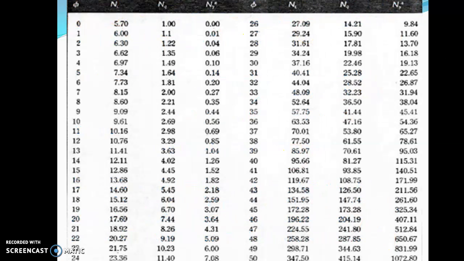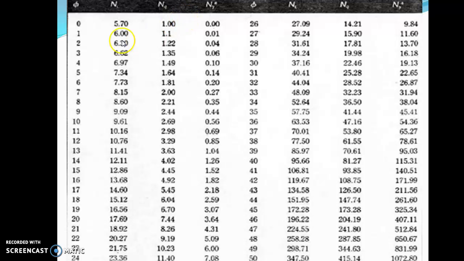So this is a table. What you can see here, there is Nc, Nq and N gamma, and this is tabulated for various values of phi. From 0 it goes to 24, then 25 also there, you can see it here, then 26 and it goes on, up to around 50.